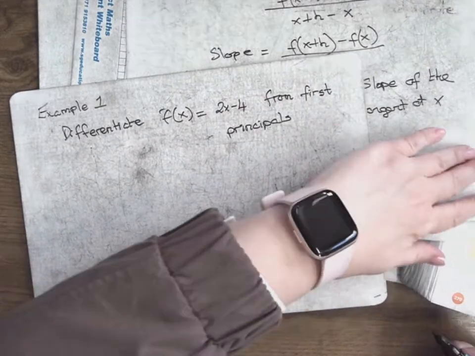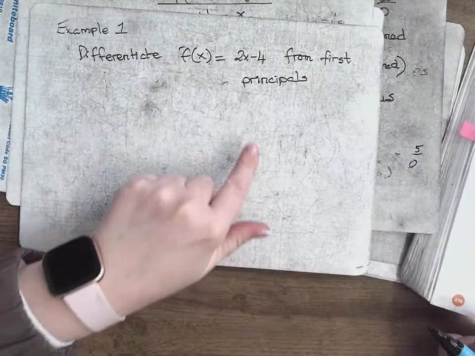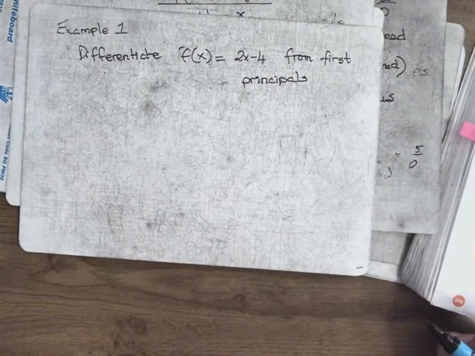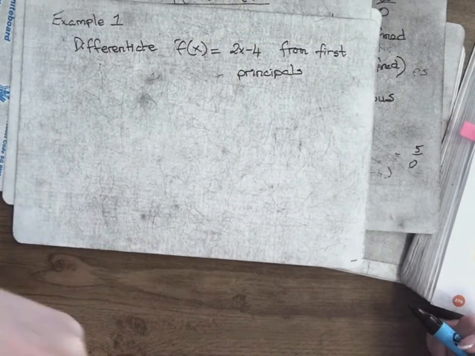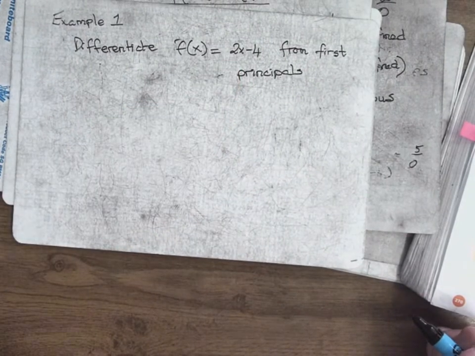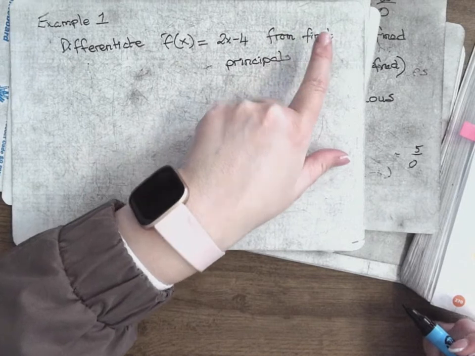We know the answer. If I was to differentiate that, what's the answer? 2, isn't it? We know the answer, but this is the important bit, from first principles.